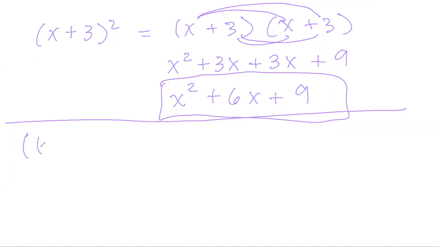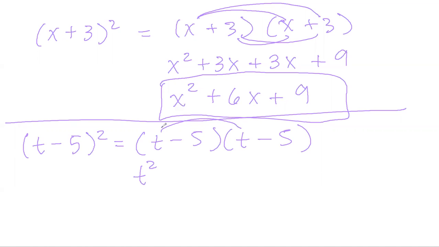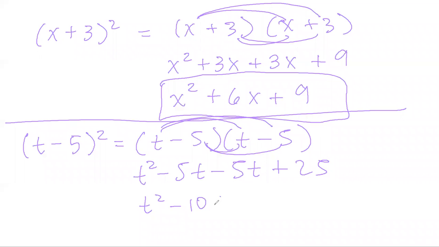So if I had t minus 5 squared, again, it's the same thing as t minus 5 times t minus 5. And of course, we FOIL, so t squared minus 5t minus 5t, and then plus 25. So I have t squared minus 10t plus 25.